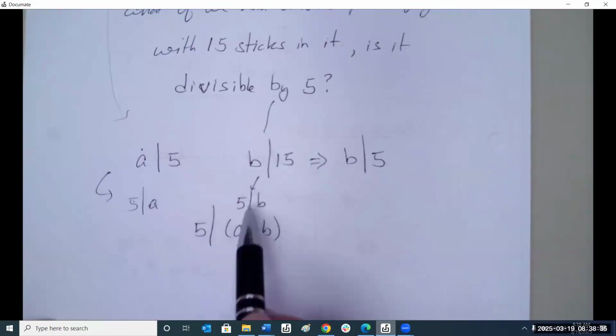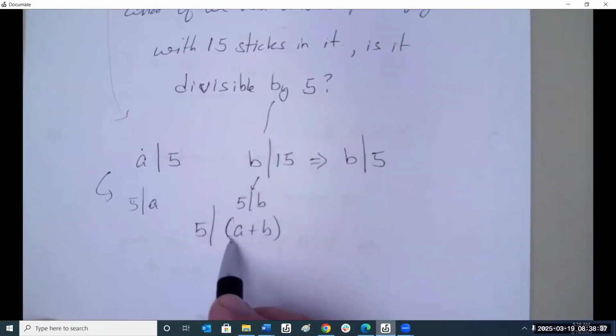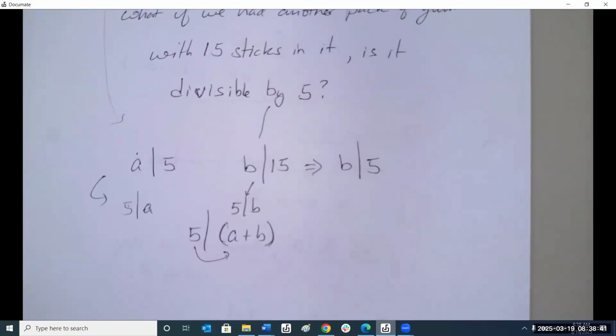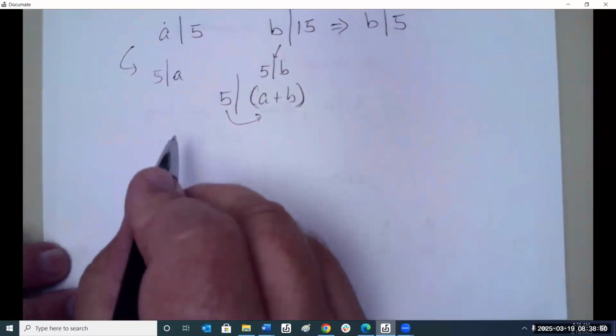So this is true. If that's true, then I can add my 2 packets, and that means 5 is going to be divisible into the sum of those. True. Let's think of it this way.